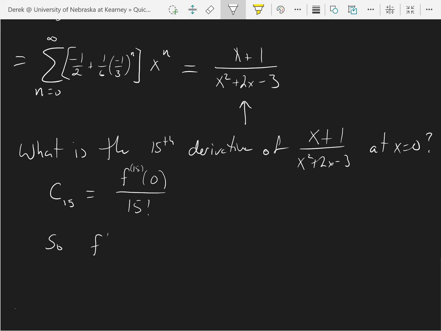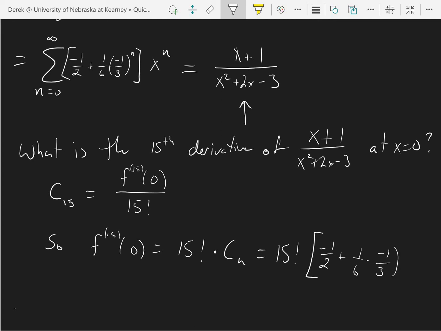So the 15th derivative at 0 is going to be 15 factorial times c sub n, which is 15 factorial times negative 1/2 plus 1/6 times negative 1 over 3 to the 15th, which would be a lot easier. Well, that whole process right there, after we found the Taylor series, was a lot easier than taking the quotient rule 15 times.